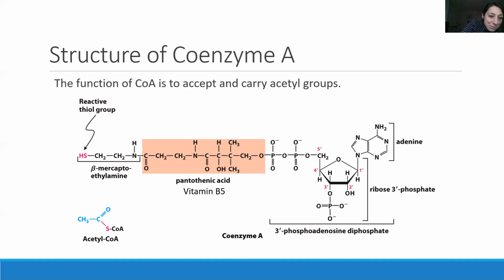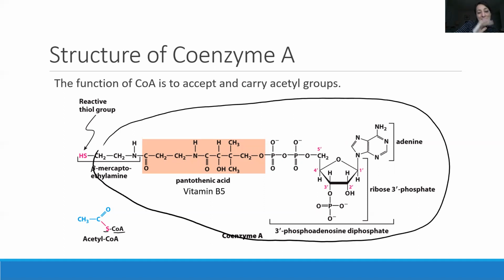Now, again, we usually just abbreviate it as S-CoA. Coenzyme A, this whole portion of it gets very much just abbreviated into 2 letters. And the portion that is very important is this thiol group at the end. This is actually where it is doing its reaction.